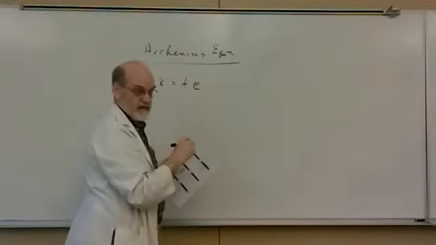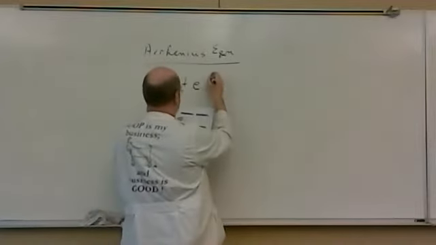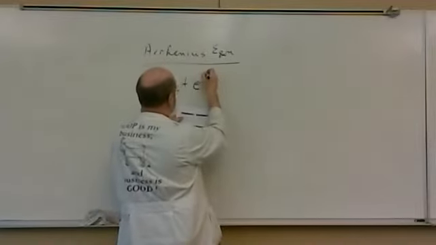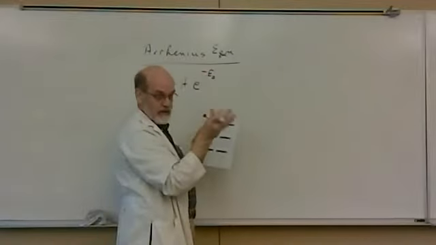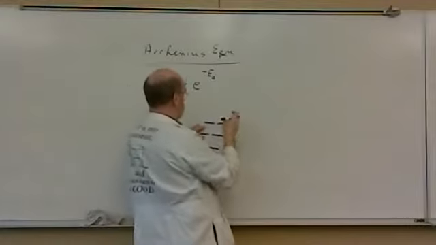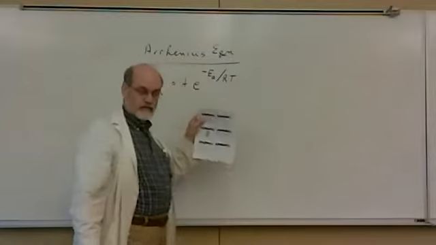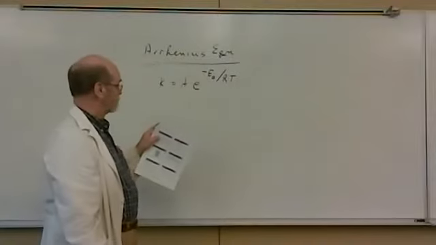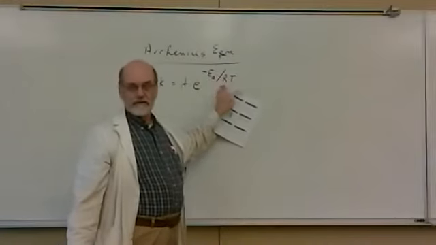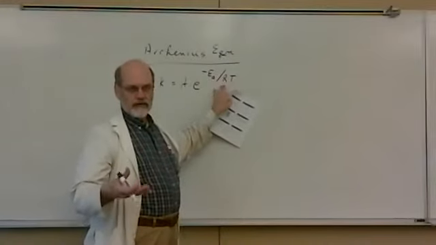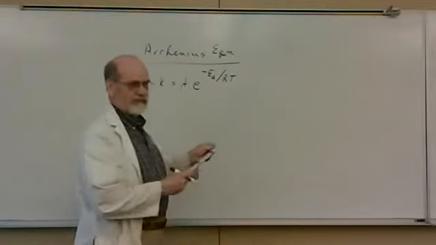There's your e, just like in the natural log, base e. And then the power of that e is the minus Ea, which is activation energy for the reaction, divided by R, and T is temperature in Kelvin. Okay. R is the universal gas constant, the one that uses joules for energy. It's like 8 point something. 8.3145. Yes.